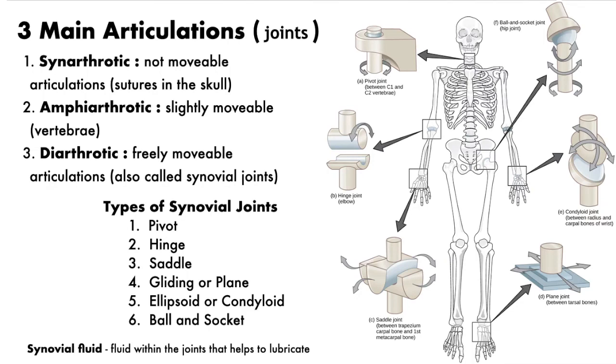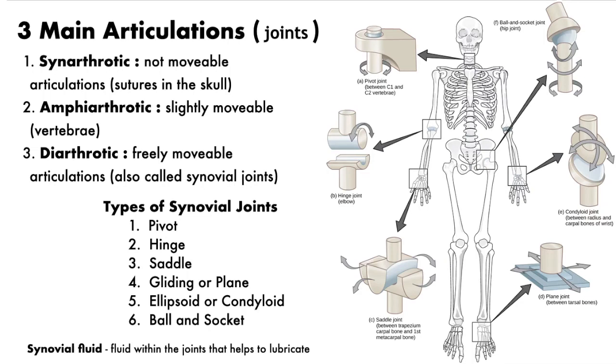And then lastly, we have the ball and socket, which is primarily seen in the humerus hooking to the pectoral girdle, which is the shoulder girdle, as well as the femur hooking in to the pelvic girdle or the pelvis.